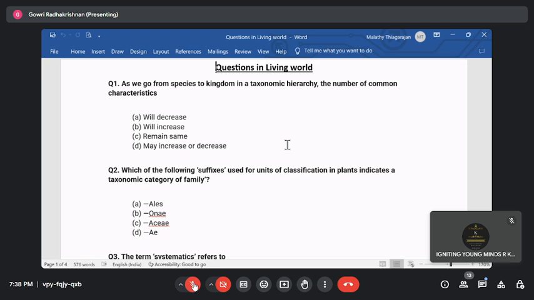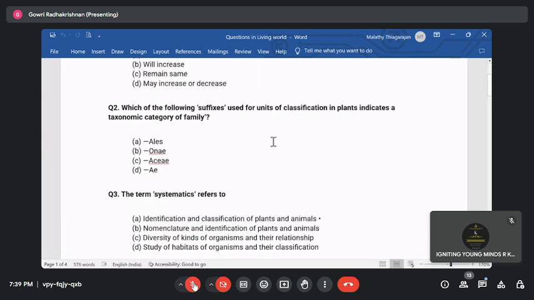When you take kingdom Animalia, all animals are classified under it, so only with that you can't say which one is what. That's why, as you go higher in the taxonomical hierarchy, you will find the number of common characters less. So it will decrease. So A is the correct answer.